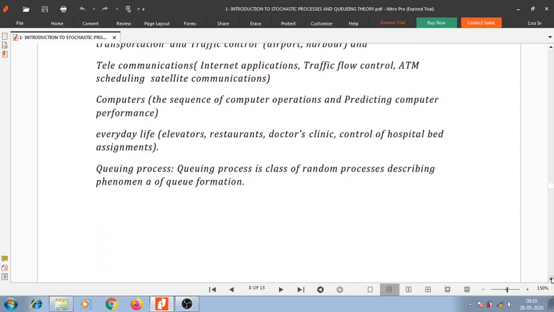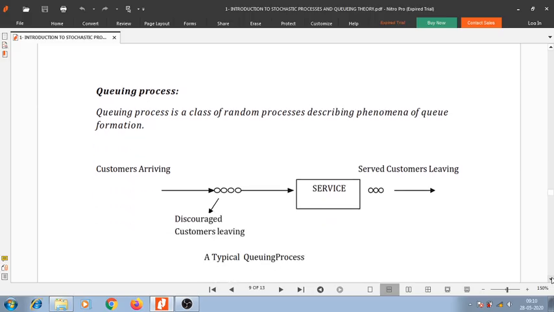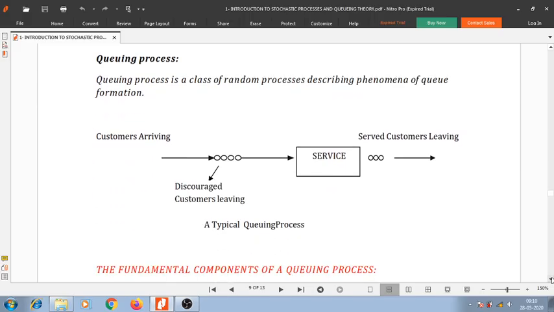Similarly, everyday experiences: restaurants, doctors, clinics and hospitals, and so on, where we are waiting for service. Are you okay?